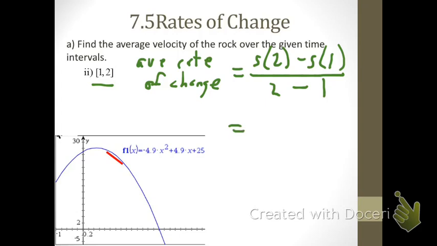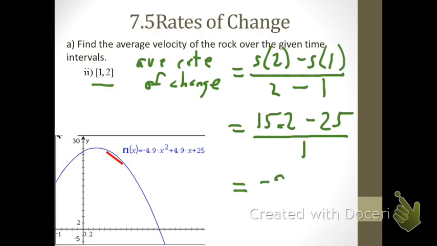Now I've already plugged in s of 2 and happen to know that at 2 seconds, the height of this rock is 15.2 meters. We already said that it was at 25 meters after 1 second, so we'll subtract that over 2 minus 1, which is 1. And 15.2 minus 25 is negative 9.8. Negative 9.8 divided by 1 is negative 9.8.